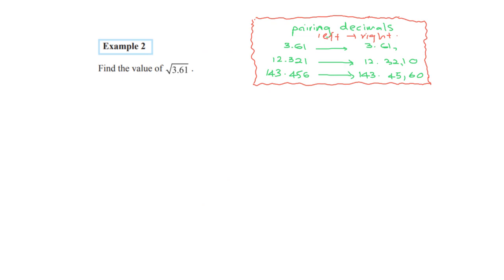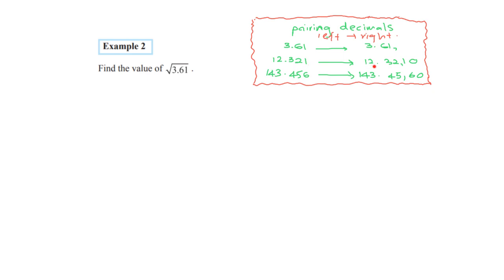Example 2. Find the value of the square root of 3.61. If you want to find the square root of a decimal number, you have to pair decimals starting at the decimal point, from left to right. Look at this: you have to pair 3.61, comma. Next, you have 12.321.